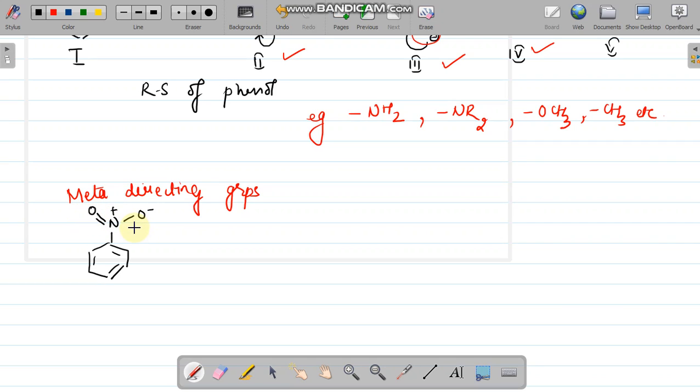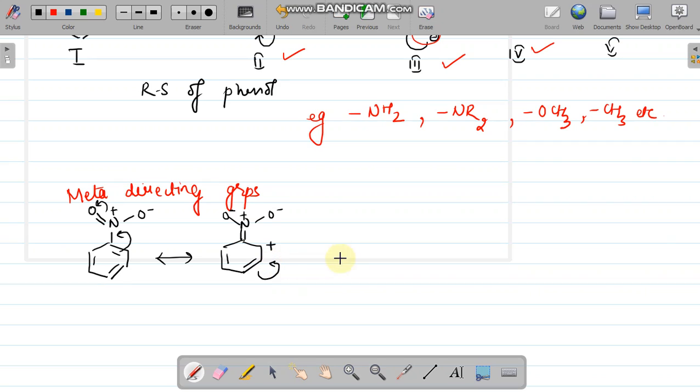Now, the nitro group is an electron withdrawing group, meaning these electrons will be withdrawn here. Two double bonds cannot exist together, so it will come over here, making it the second structure. A positive charge is going to come over here, and positive O negative, and here also O negative.